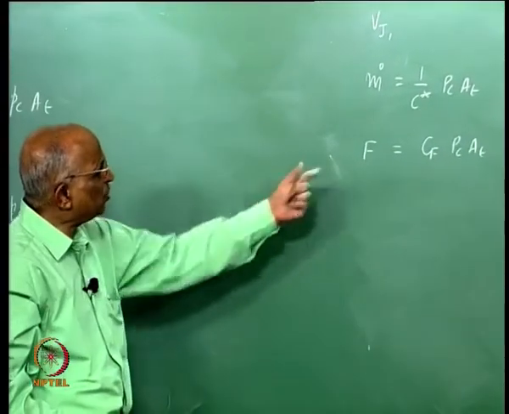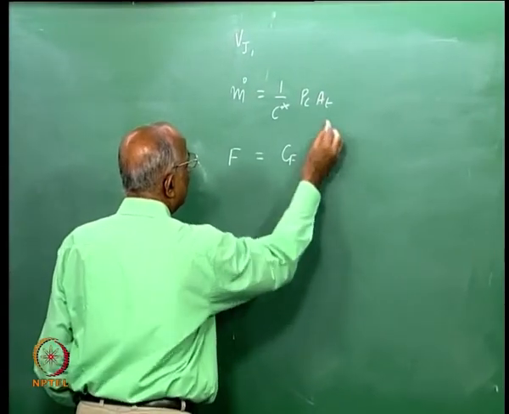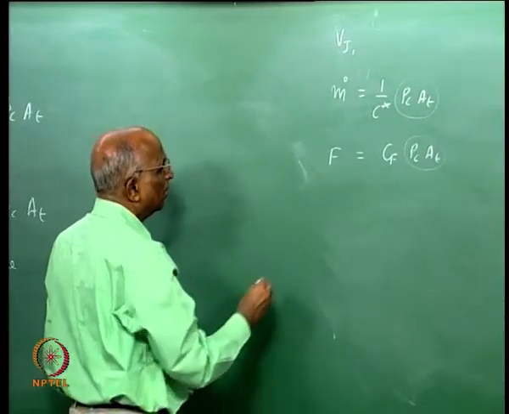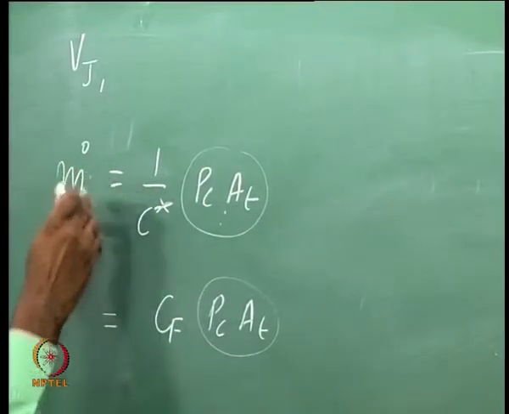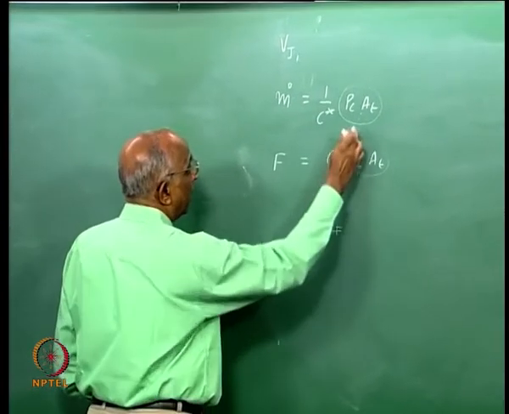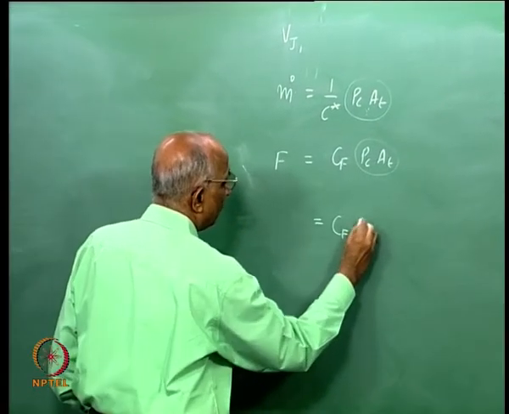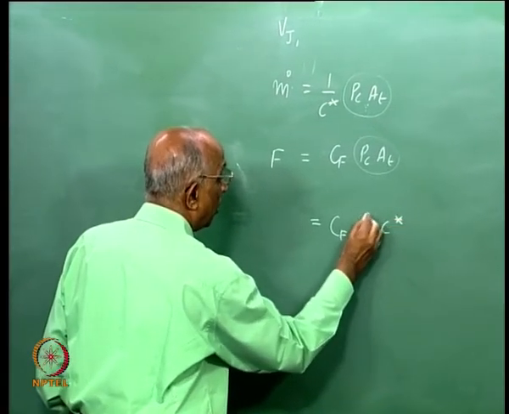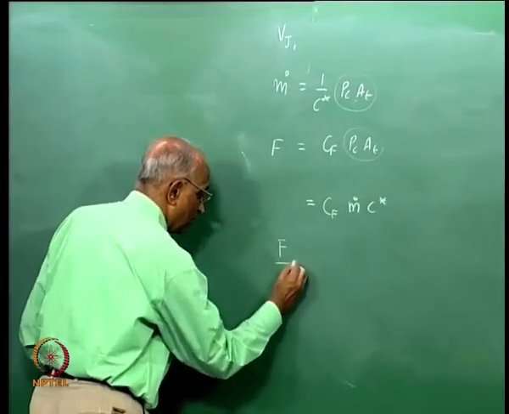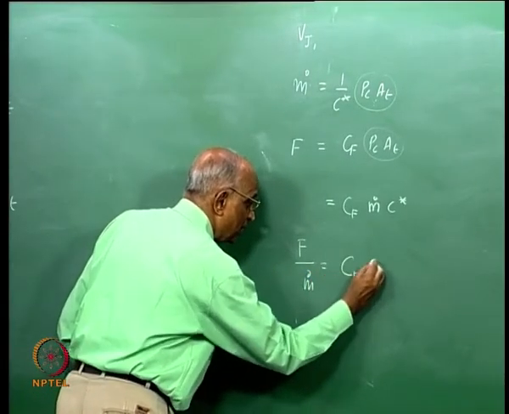Now, if I play with these two equations, I find over here Pc At common. Therefore, can I somehow put this together? Can I substitute Pc At from the mass equation into the force equation, and if I were to do it, I get Pc At is equal to m dot into C star. Therefore, I get the force, thrust developed, divided by m dot is equal to Cf into C star.